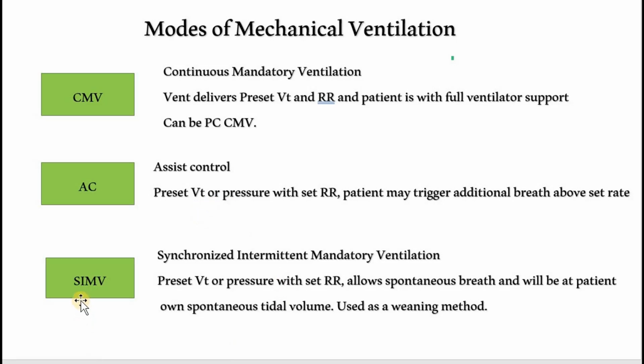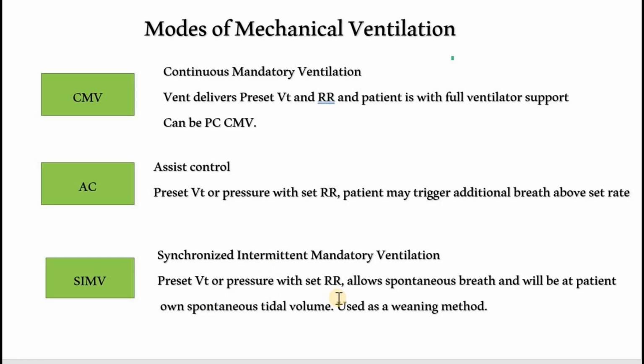The third mode is SIMV, that is Synchronized Intermittent Mandatory Ventilation. In SIMV, again, we can set either preset tidal volume or preset pressure, and this will be delivered with each respiratory rate.